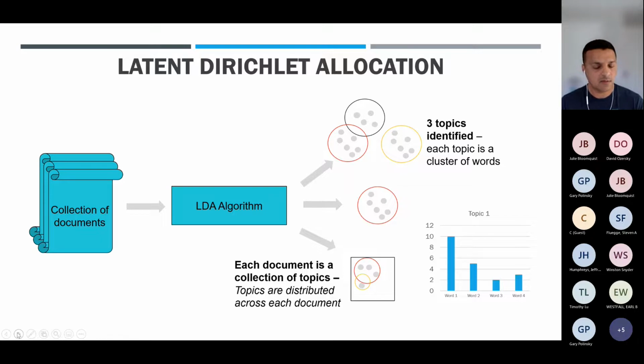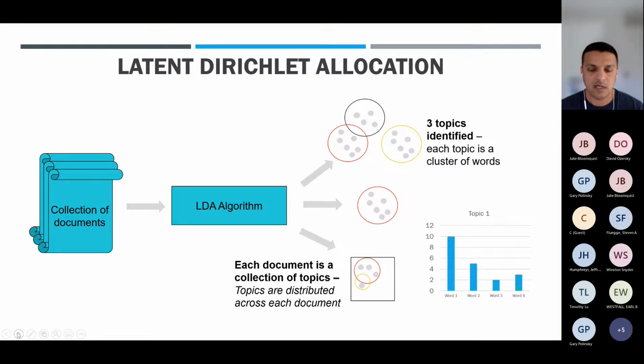In the example about call center transcripts, the transcript of each and every call can be thought of as a document. So when you are analyzing transcripts of 10,000 calls, you have 10,000 documents. That becomes the collection of documents that you would feed into the latent dialect allocation algorithm.